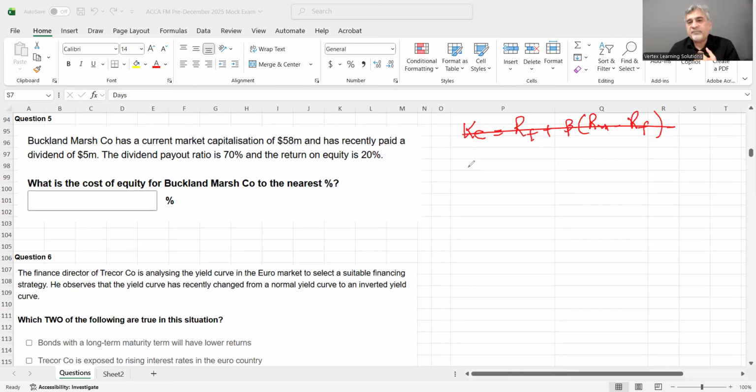The second formula which I have, that is for the price of share, P naught is equal to D naught into 1 plus G divided by KE minus G. Here is also cost of equity.